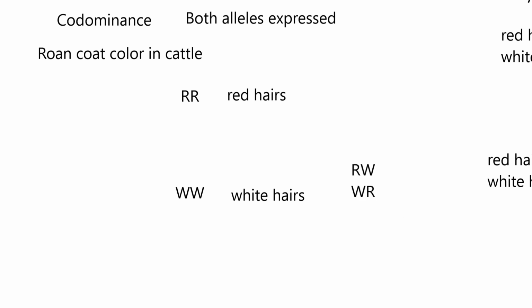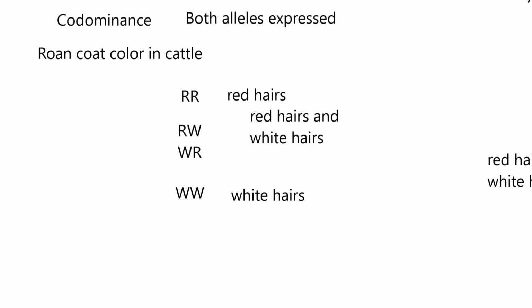So if you have one large R and one large W, in either way, those are both equal. And if both alleles are expressed, well then lo and behold, those animals are going to have red hairs and white hairs.